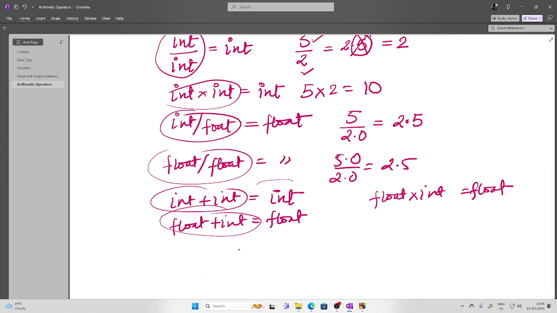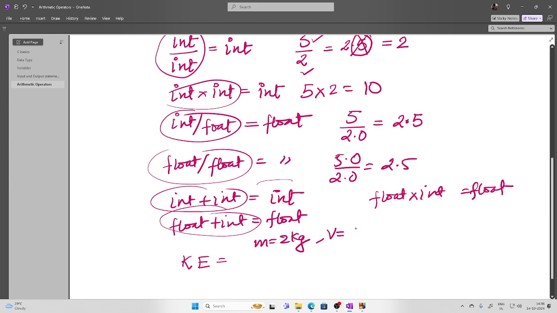So let's say you are interested in evaluating the kinetic energy of a particle having a mass of, let's say, 2 kg and velocity of, let's say, 2 meters per second. Then you will write half m v square. So if in the program you have written 1 divided by 2, then times m, then times v square.